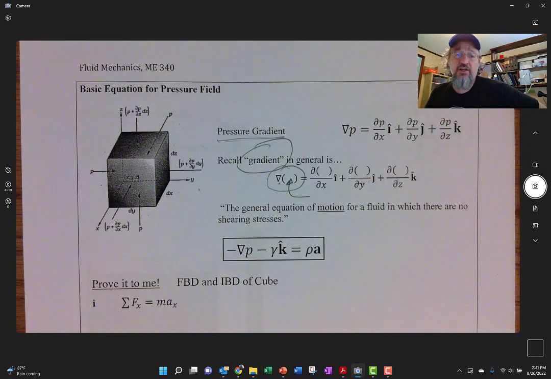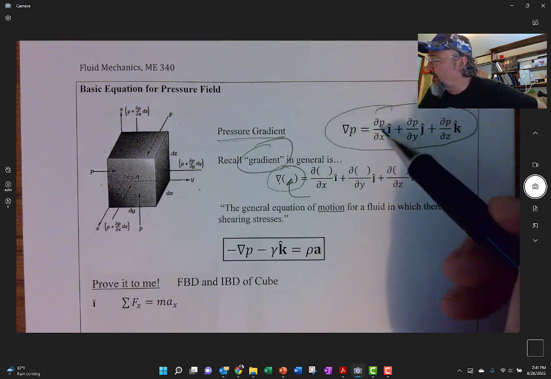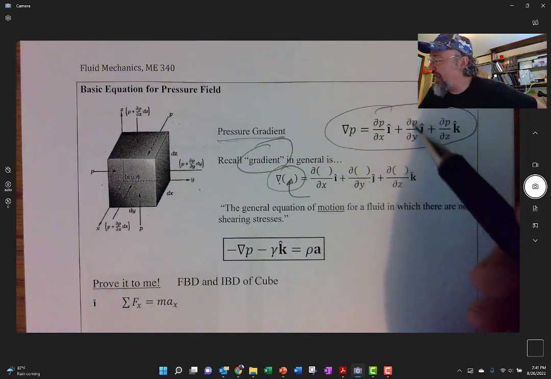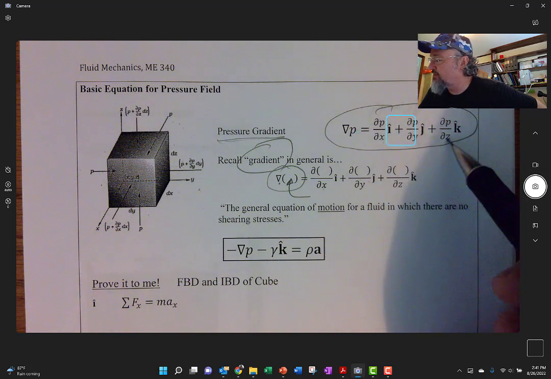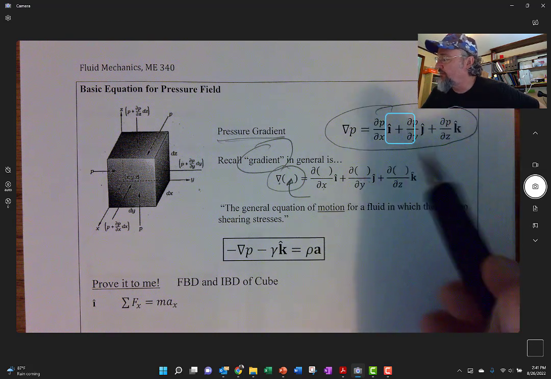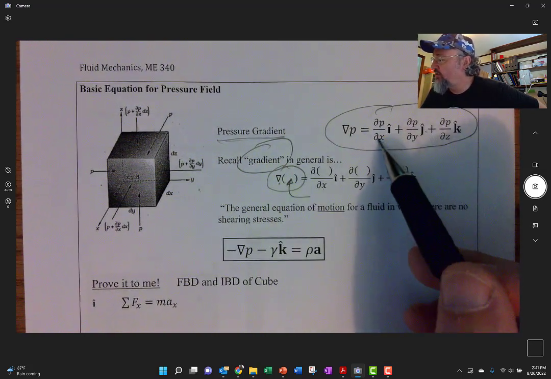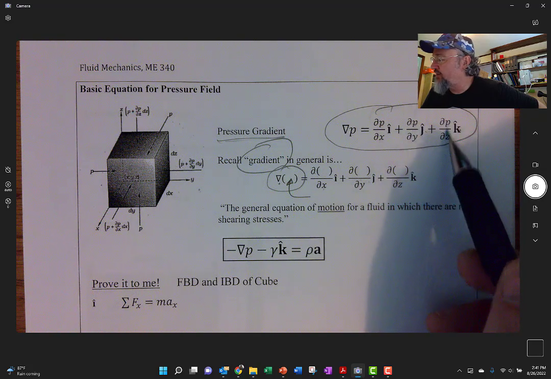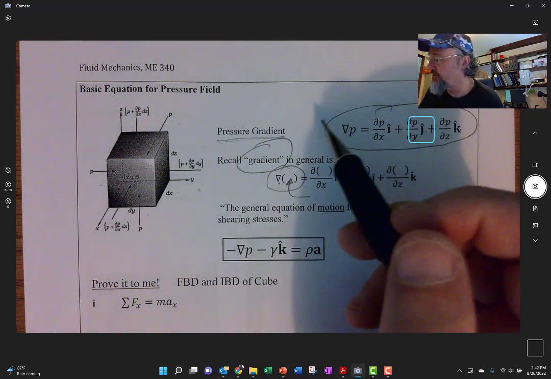So we're going to look at the pressure gradient, which looks like this. Pressure is a scalar. It doesn't have direction, but we take a gradient of that pressure and it becomes a vector, because we have an i, j, and k component. So we're really looking at how the pressure varies with each dimension and in each direction.